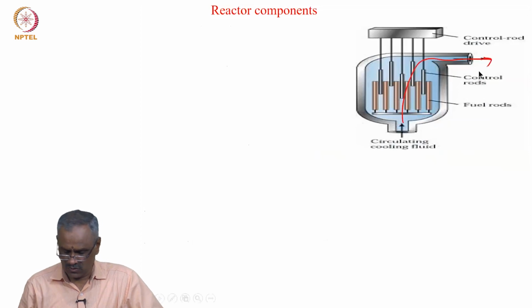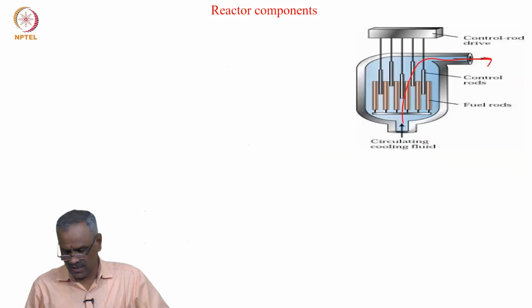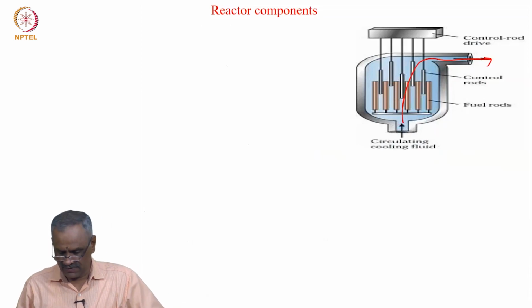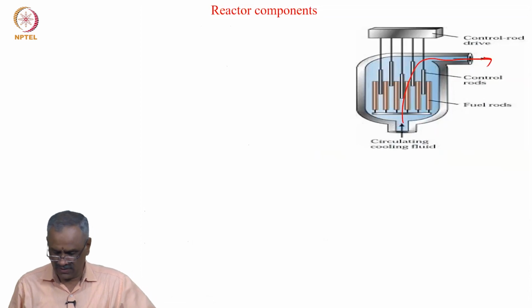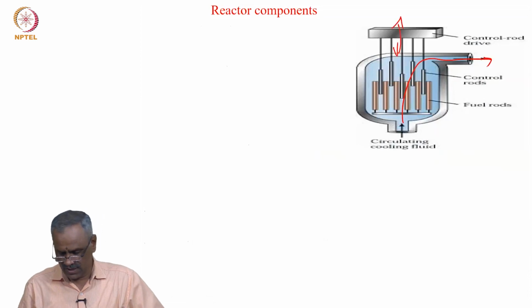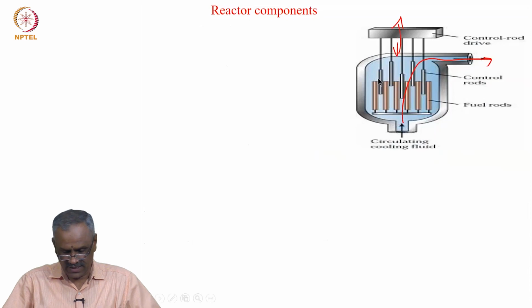So the circulating fluid needs to be such that it carries away the heat, but in order to control the reaction, there are control rods, which are pushed down and pulled up, so that the reaction is maintained and sustained.